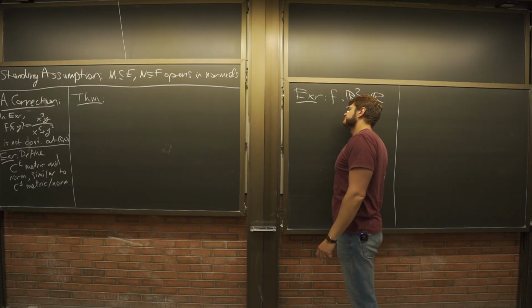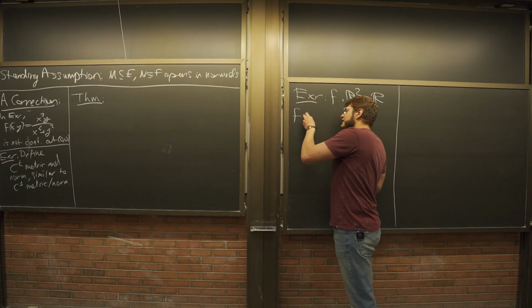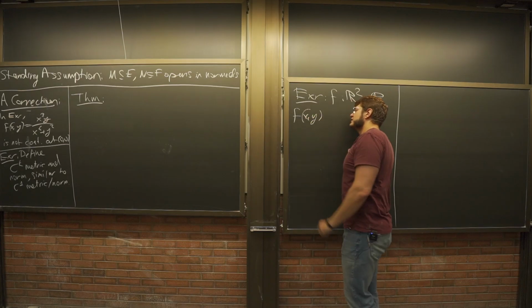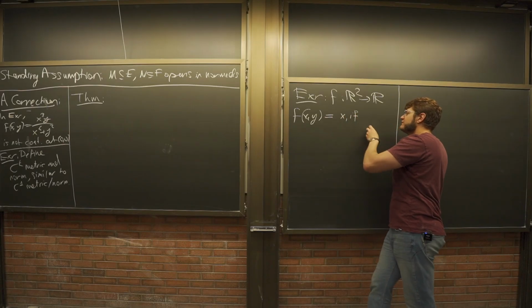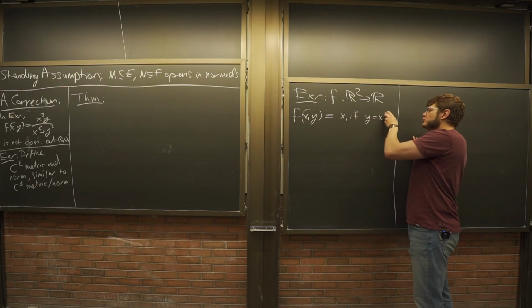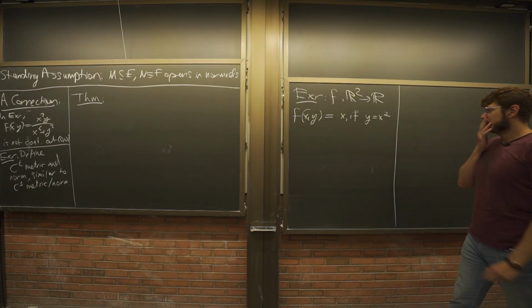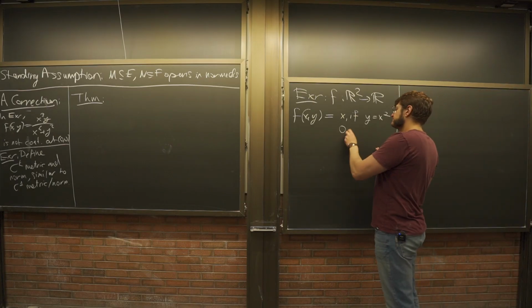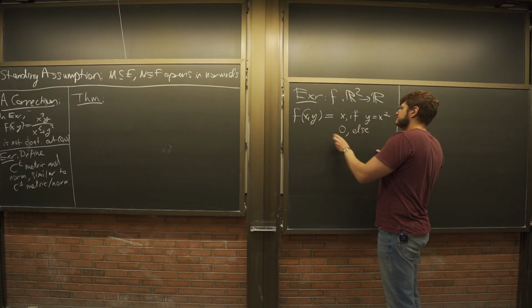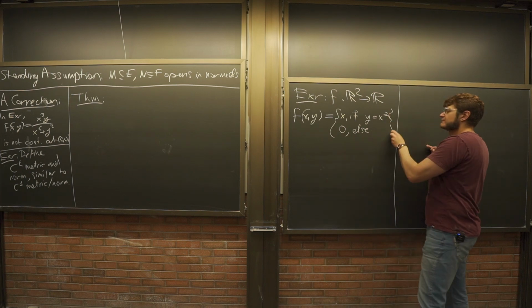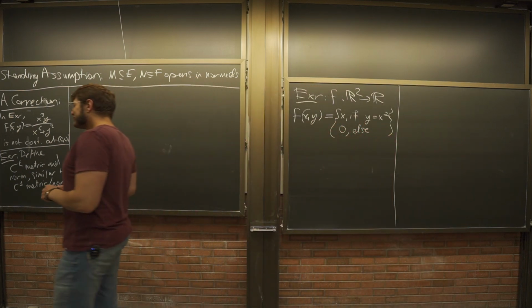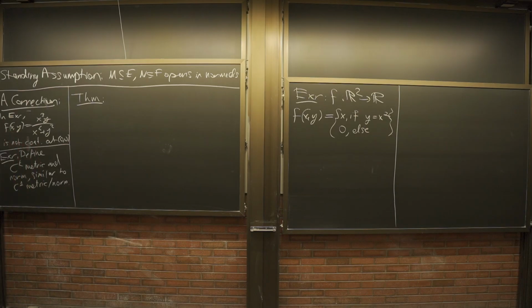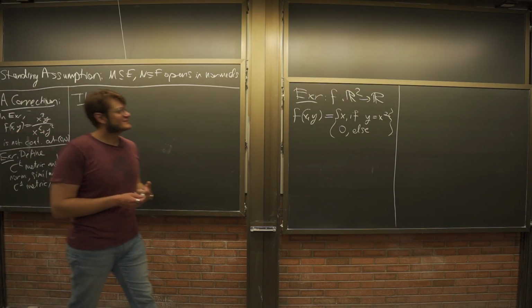The function is defined like so. This is x if y is x squared, 0 otherwise. Then this function is continuous at the origin. All of its directional derivatives exist, but this is not differentiable.